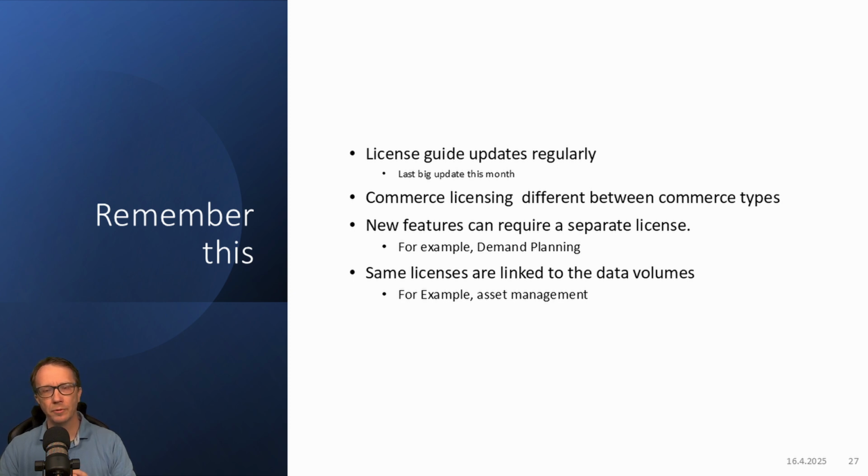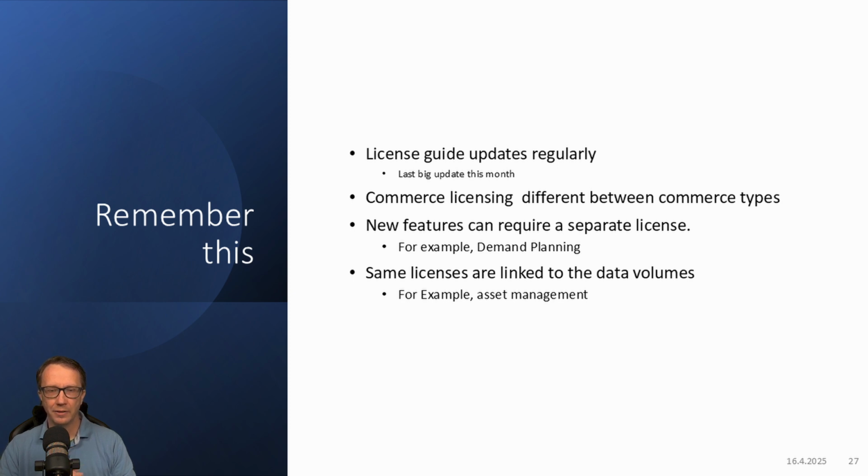When new features come around, make sure to check, is it separately licensed? Some new features aren't separately licensed, so they are included in the supply chain management license or the supply chain management premium license or that kind of thing. But some features like demand planning can have a separate license cost as well.